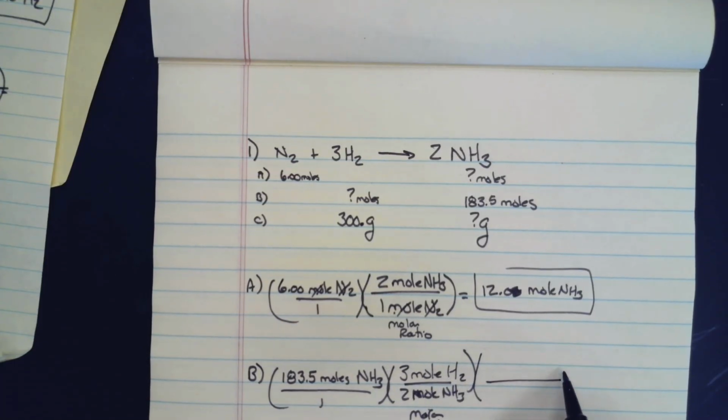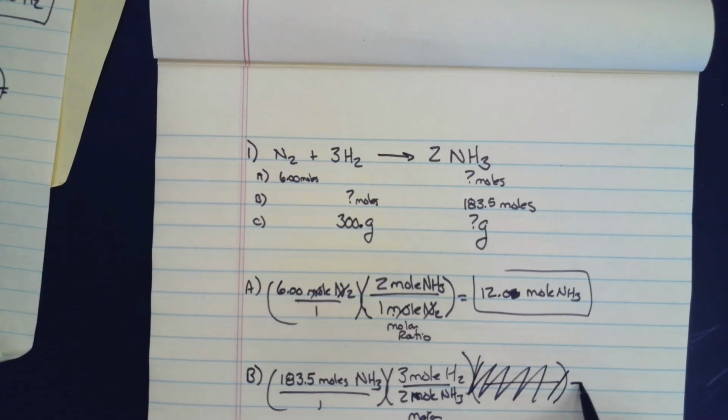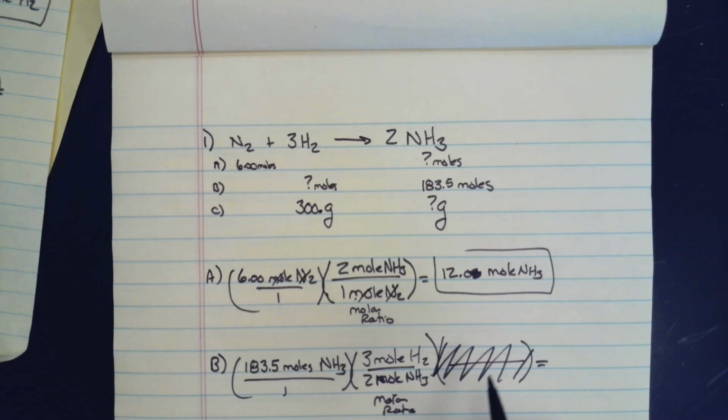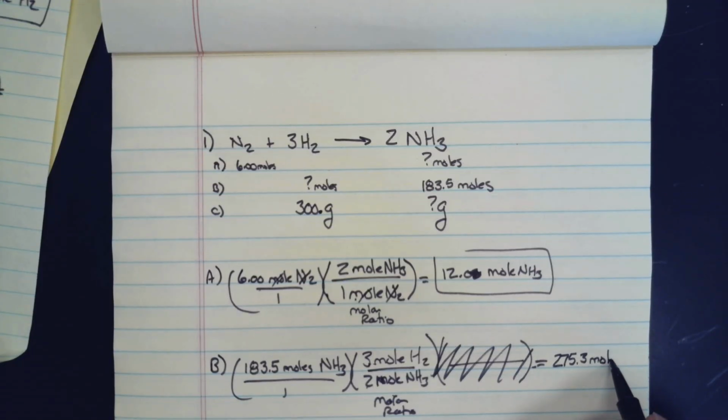Now, when I get the molar mass, they want to go just to moles, so I'm going to stop right there. I almost went to grams, but they asked for moles, so I'm going to go straight there. So I'm going to take 3 times that, divide by 2, and get 275.3 moles of hydrogen.